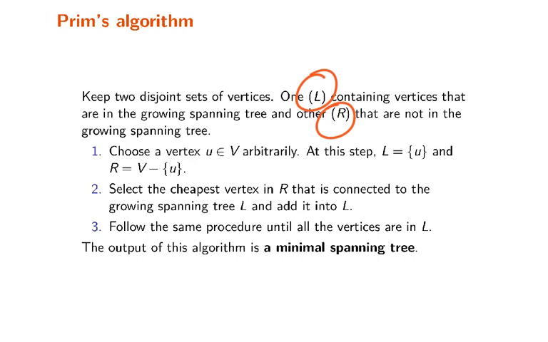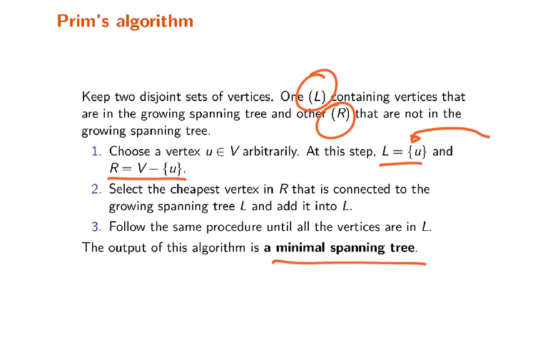You are going to start at the beginning with a very small set L that is just a random node. You start by calling L one part of the graph, and the rest of the graph will be R. In each step, the idea is to be growing L. L is going to be, at the end, your minimal spanning tree.